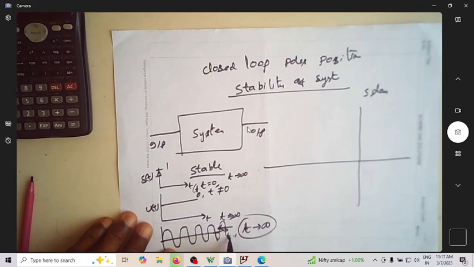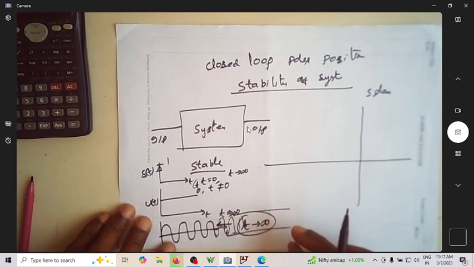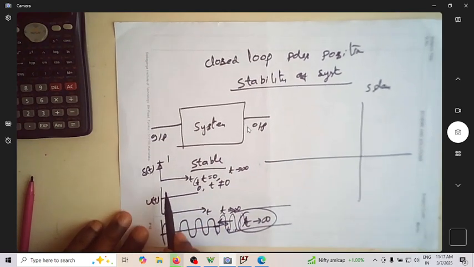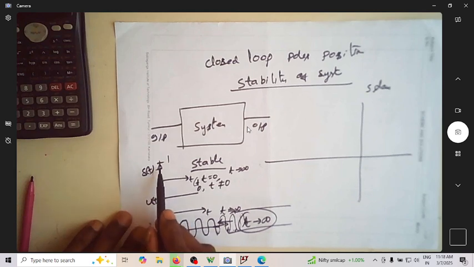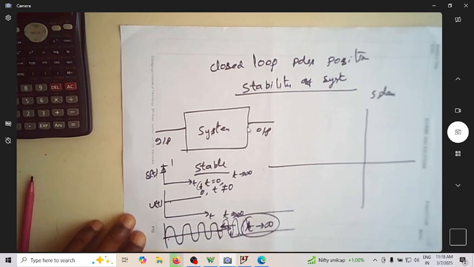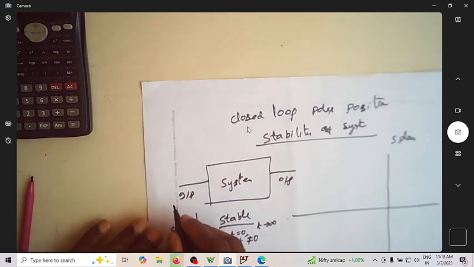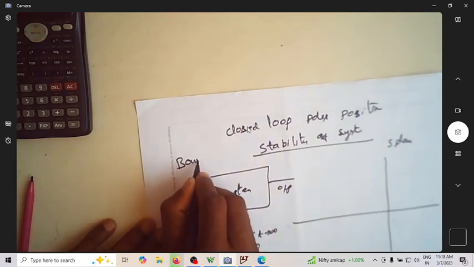At t equal to infinity, do you have a sine wave which keeps continuing? Is the magnitude finite? In such a case, we call a unit step input, a delta function, a unit step input, a sine wave as bounded inputs.